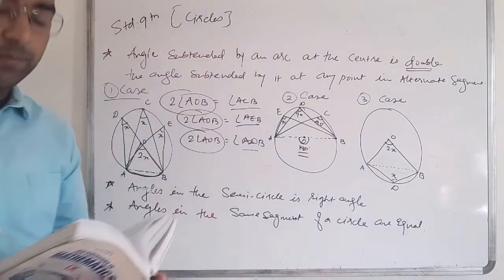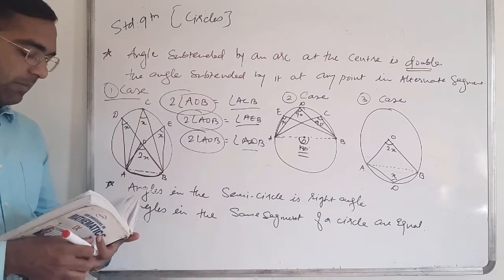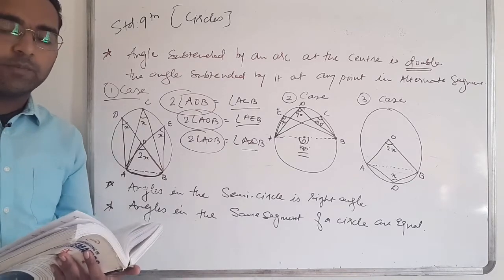Clear? Angles in the same segment of a circle are equal.